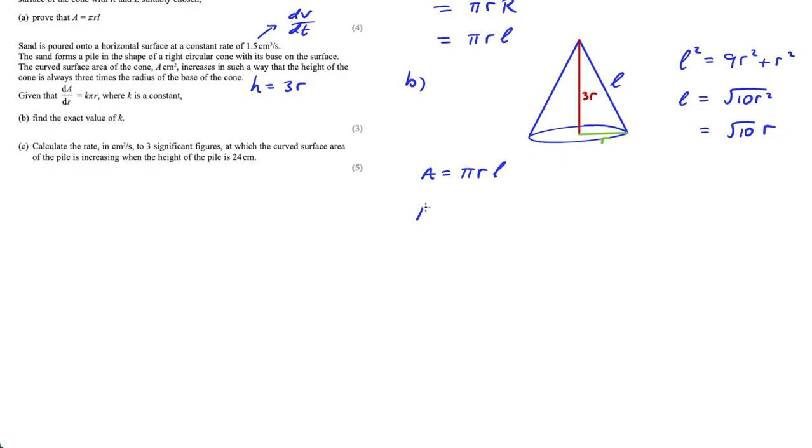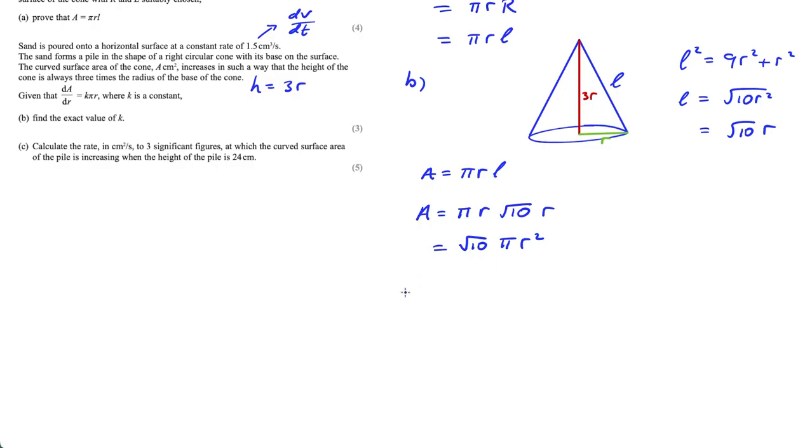So A is equal to pi times r times root 10 r, which is equal to root 10 pi r squared. That's the area of the cone, but we don't want that.